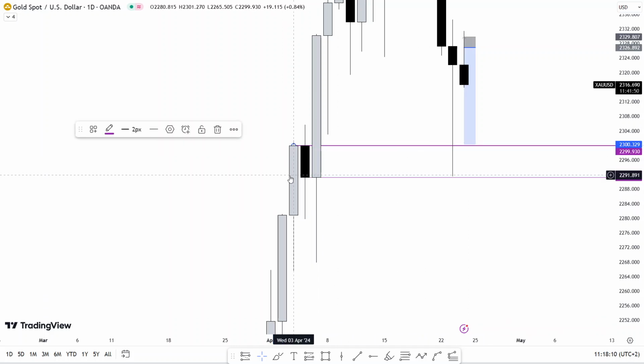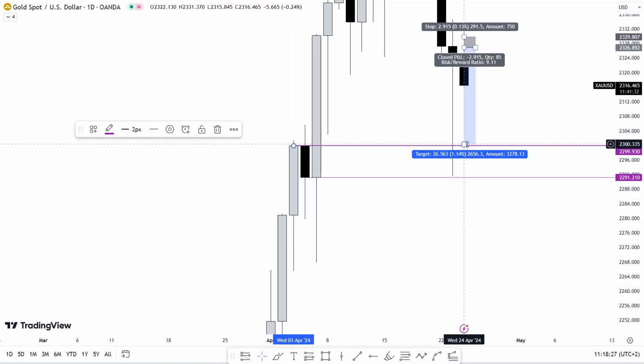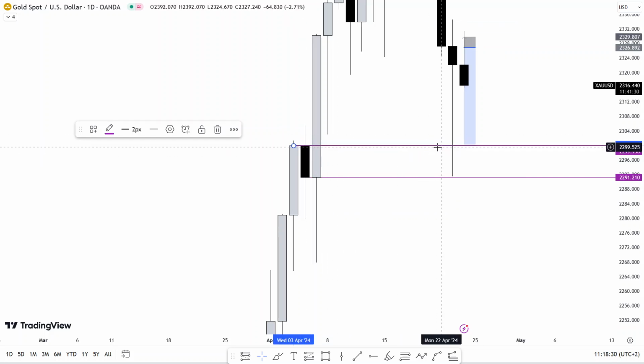Whenever you are approaching an area of support or resistance, you focus on two areas. In this case, we only have this support right here, and also this resistance break becomes support. After it breaks and becomes support, this is the first area that we're going to encounter, and that's why price reacted here and then pushed higher.